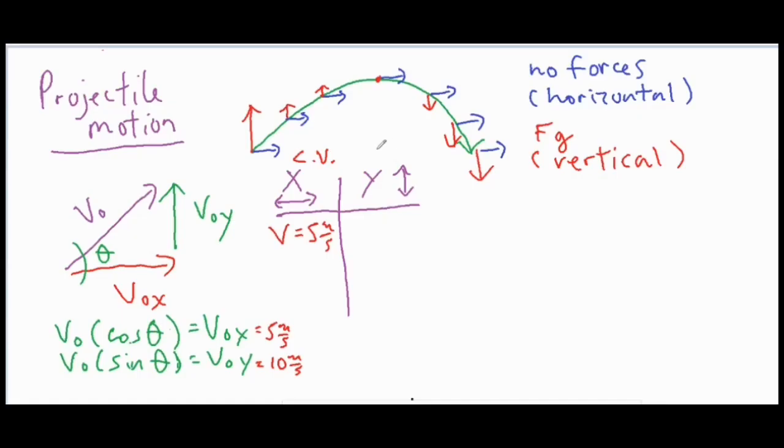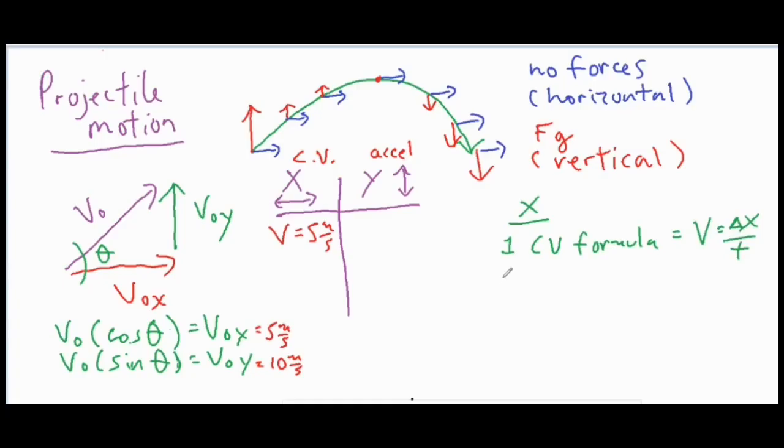And then in the y direction, this part is accelerating. So if you are using the x side, you're only going to use the one constant velocity formula, which is basically v equals delta x over t.